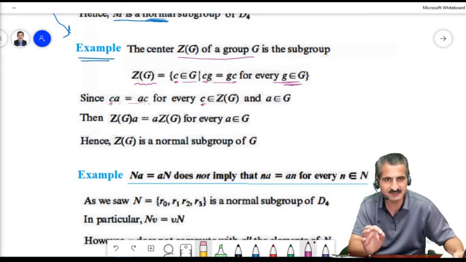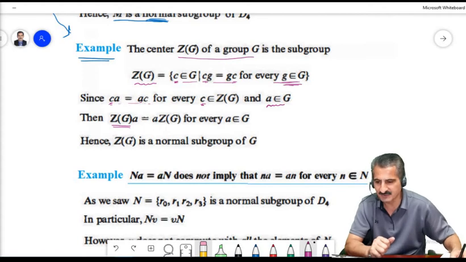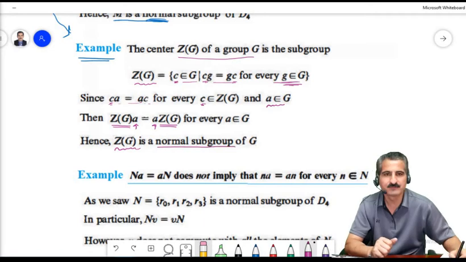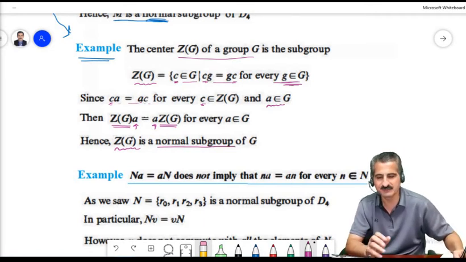Any element C from the center commutes with all elements A from G. That means the left coset and the right coset of Z(G) are always equal. And therefore, the center of the group is always normal. The center of any group, regardless of whether this group is abelian or not, is always normal.